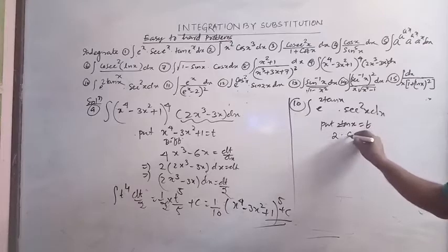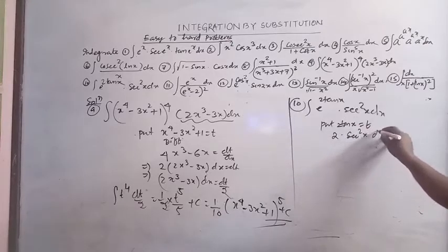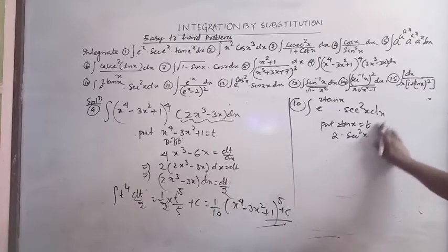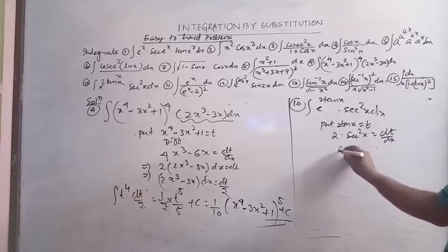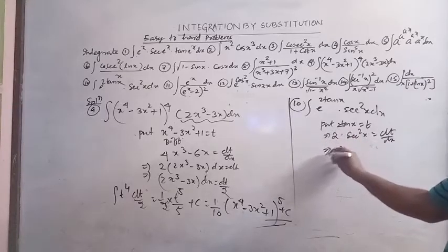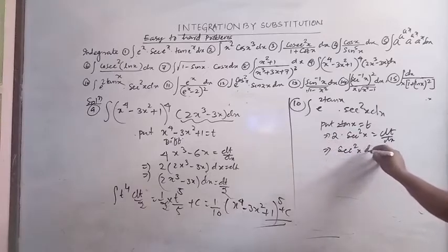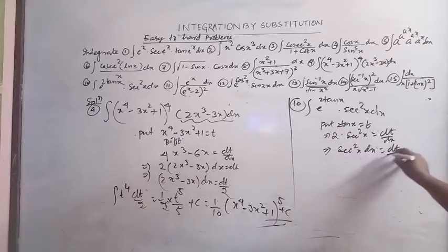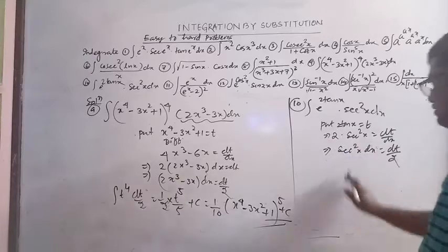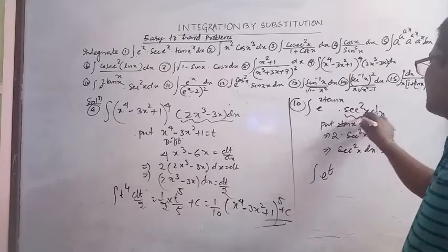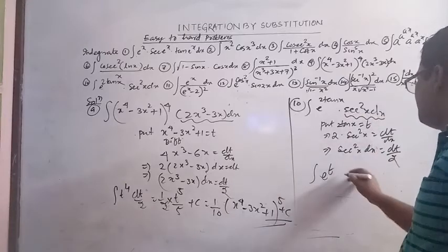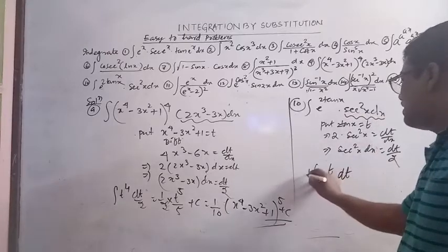So 2 into sec square x is dt by dx. So sec square x dx is equal to dt by 2. So this is dt by 2 times e to the power t, and sec square x dx is equal to dt by 2, the constant.